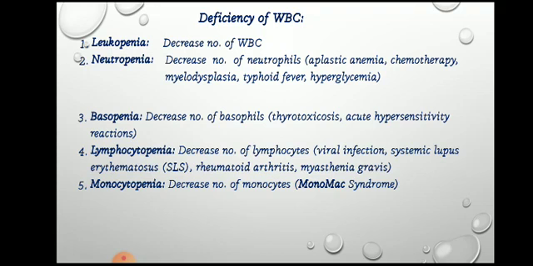That might be due to diseases like aplastic anemia, or if you are undergoing chemotherapy for cancer, or myelodysplasia, typhoid fever, or hyperglycemia. In these diseases the test results will show a lower number of neutrophils in the blood.